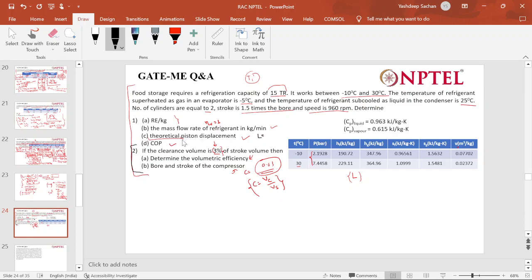For that, if you take the volumetric efficiency as 1, then that is the theoretical case, meaning ideally you are looking for that, but that is never going to be possible. Sir, what does refrigeration effect per kg mean? It means for the unit mass. Similarly, if this is the cycle.